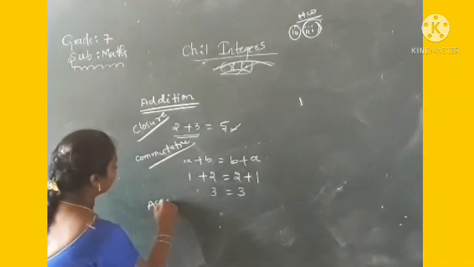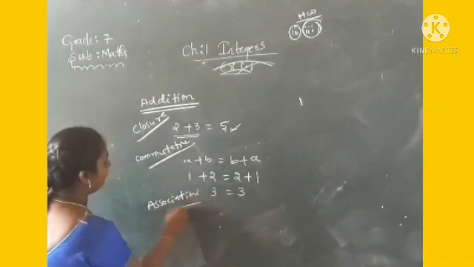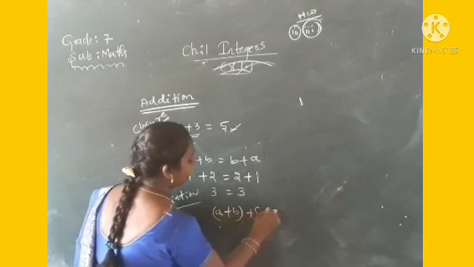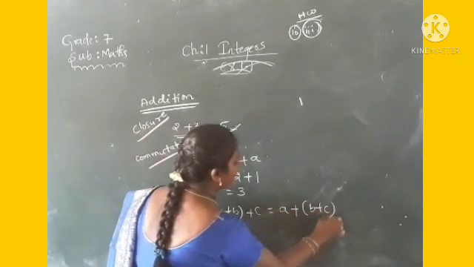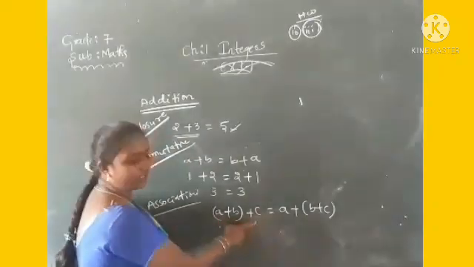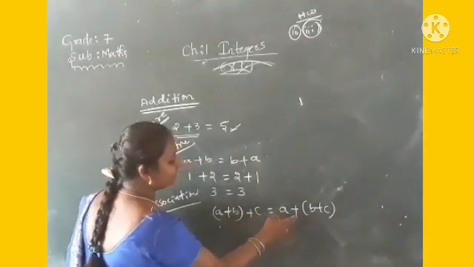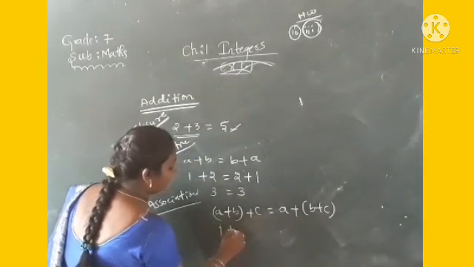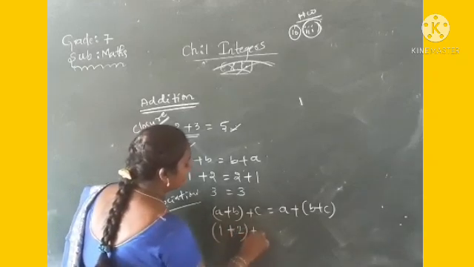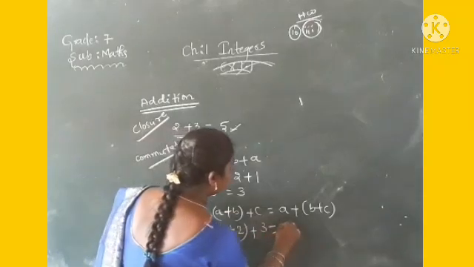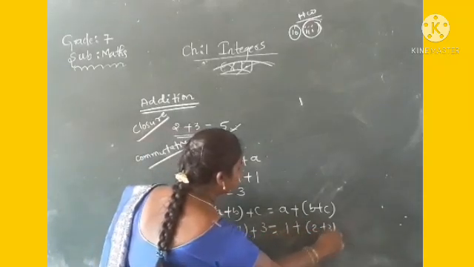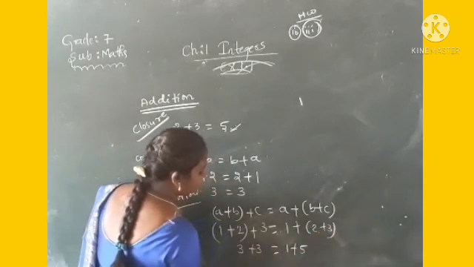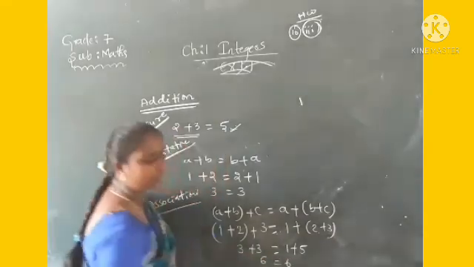And what about the associative? Associative law: if A, B, C are any three integers, then A plus B plus C is equal to A plus B plus C. 1 plus 2 plus 3: 1 plus 2 is 3, 3 plus 3 is equal to 6. 2 plus 3 is 5, 1 plus 5 is equal to 6.